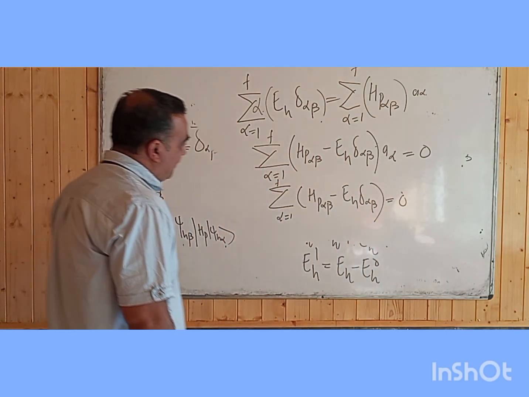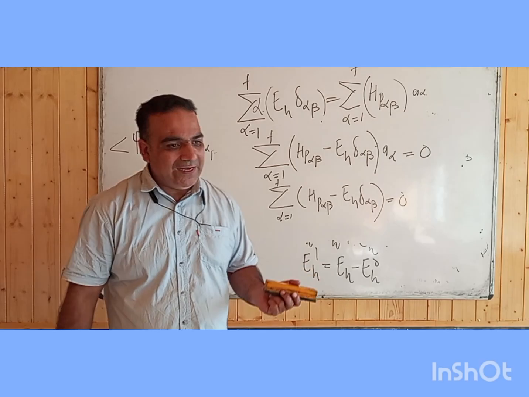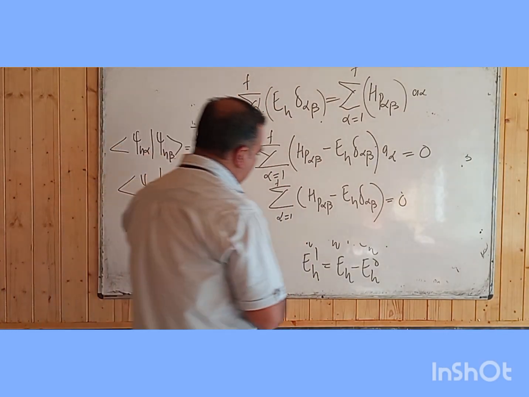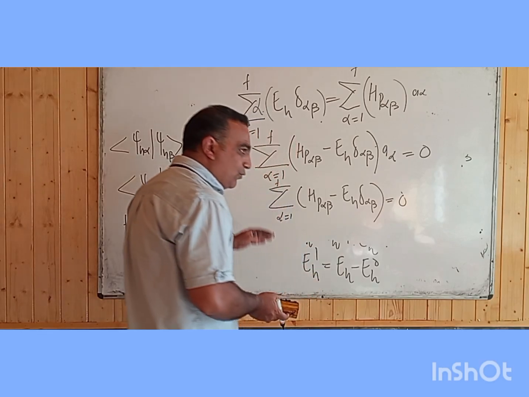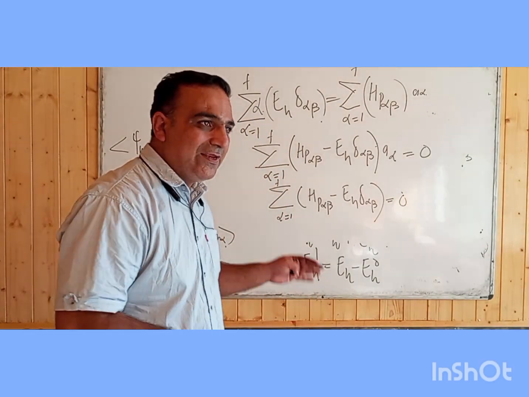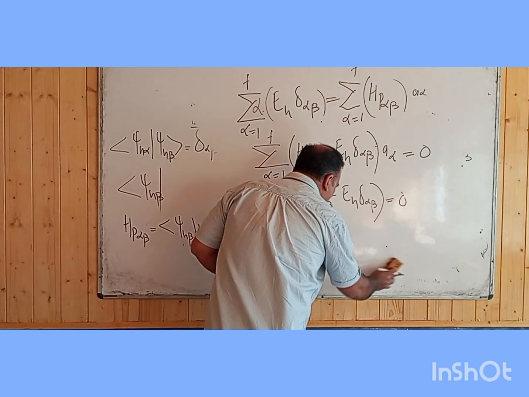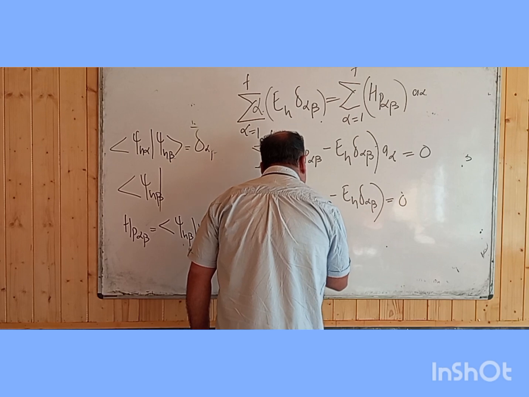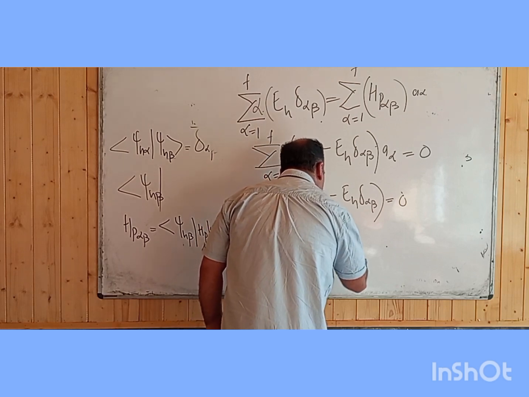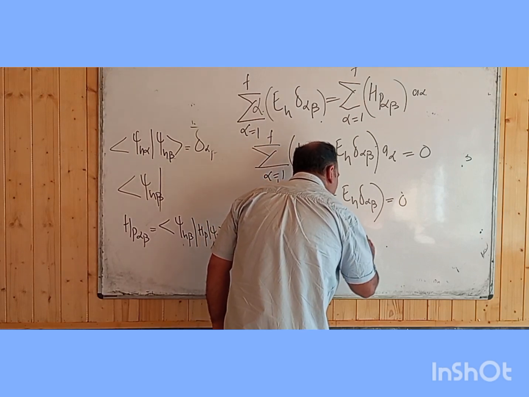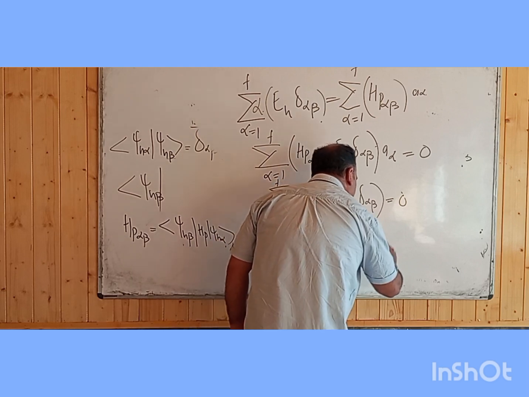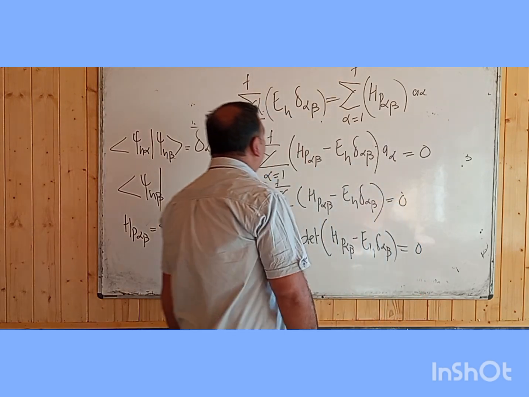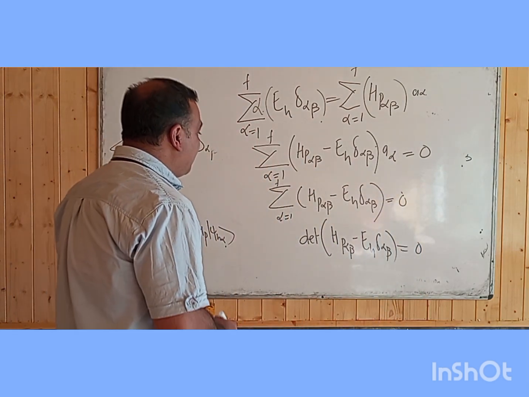Now we can boil this down in terms of a matrix, and for the number of roots that will come in solving this equation, we will have to take its determinant. The determinant of HP alpha beta minus En1 delta alpha beta must be equal to 0. Now how will this determinant look?